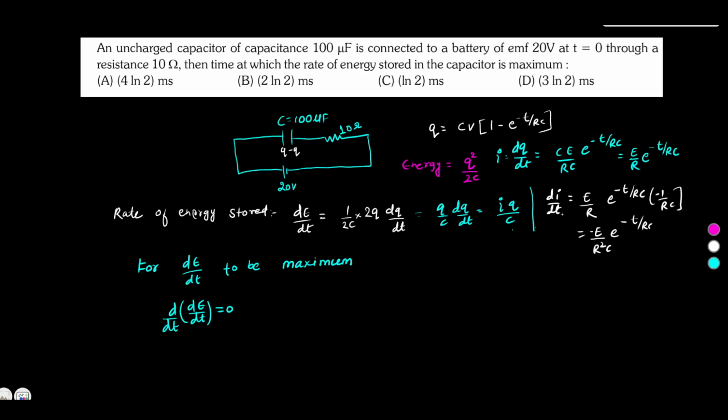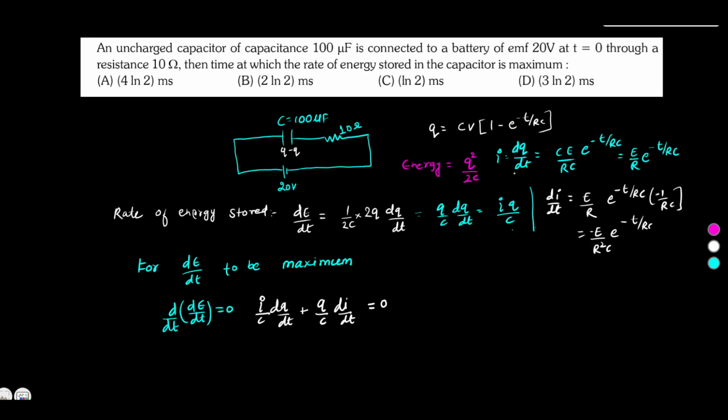Now I have to use this in the equation. When you differentiate dE by dt using the product rule, you get I by C dQ by dt plus Q by C into dI by dt. Now we have to equate it to 0.